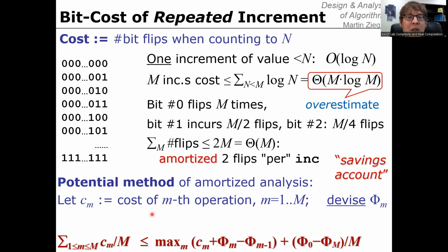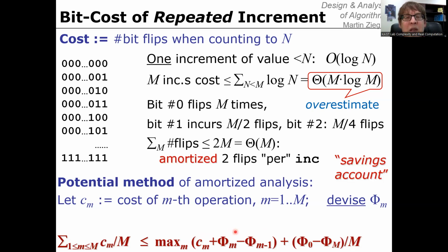That's the left-hand side. And the right-hand side is a purely mathematical estimate, which says that this is at most the maximum cost. And now I'm going to interpret this. This is the cost of the mth operation plus the difference in the bank account.